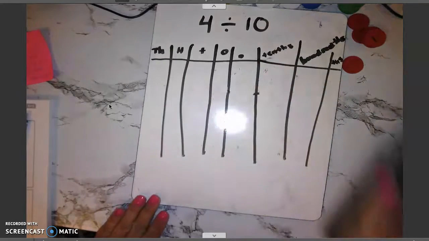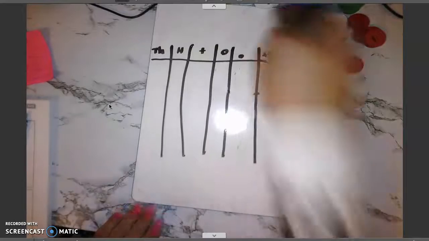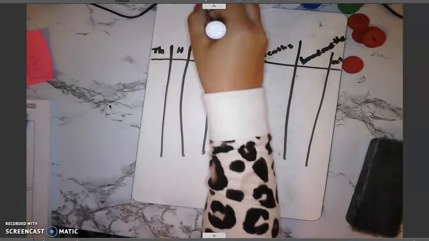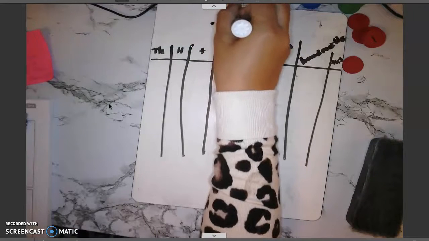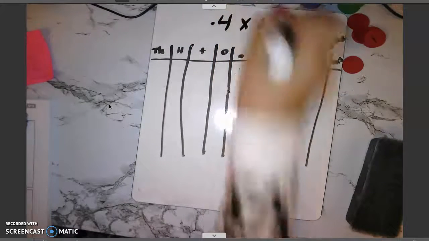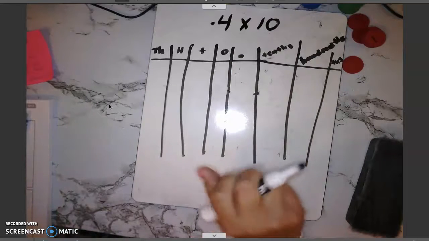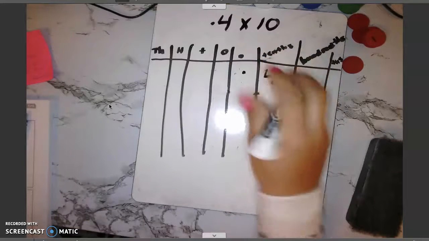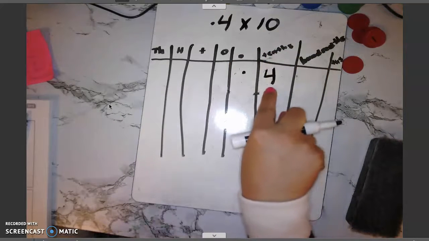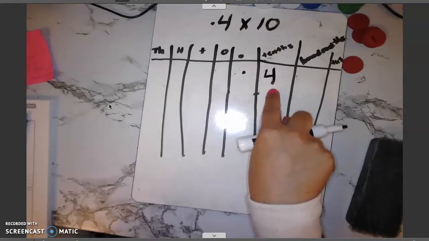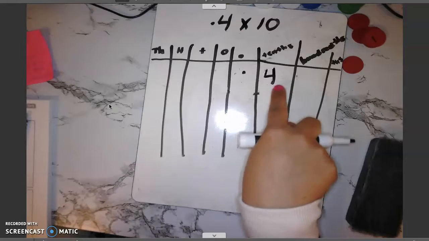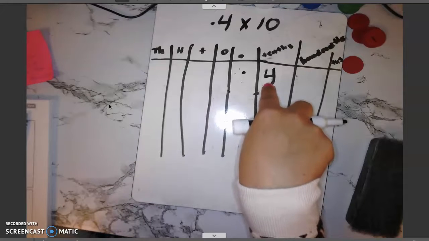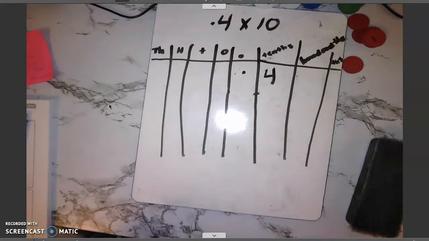If I had 4 tenths times 10. That was my problem from the beginning of our video. I have my decimal point and 4 tenths. When I took my 4 tenths and multiplied them by 10, I created 4 groups with 10 tenths in each group.